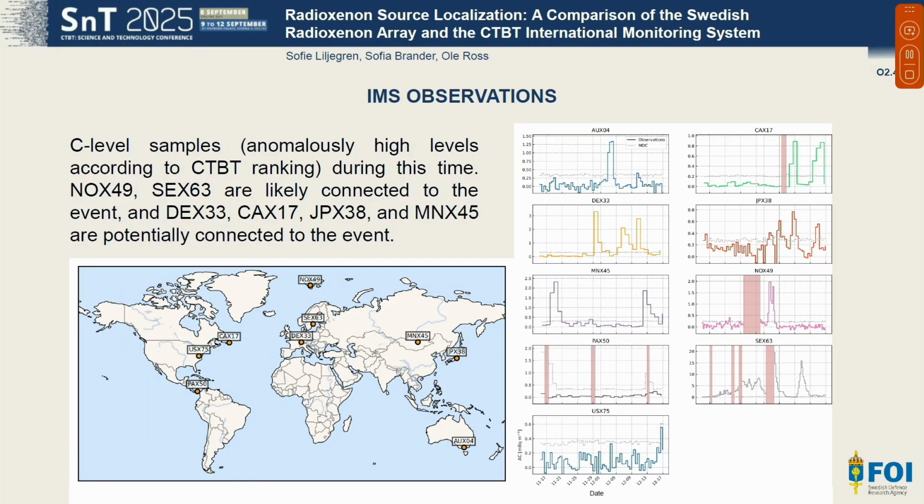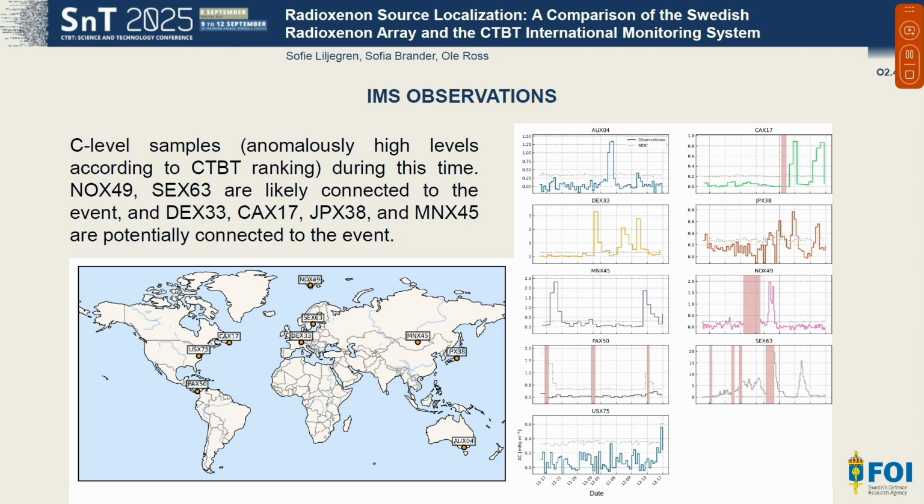And this is the situation at the same time period for the IMS stations. What we have here are measurements from 9 IMS radioxenon stations, which detected CTBTO categorized sea level during this time.